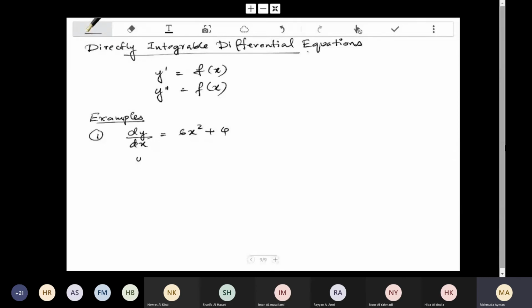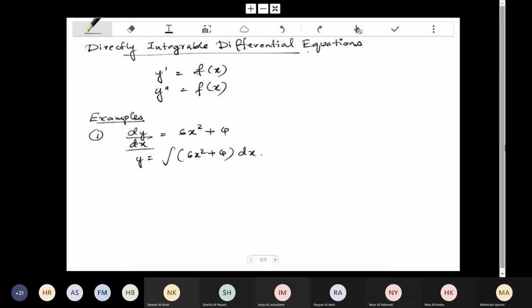So we have y equal to the antiderivative of (6x squared plus 4) dx. The differential equation here is written as a function of only the independent variable, that's x.